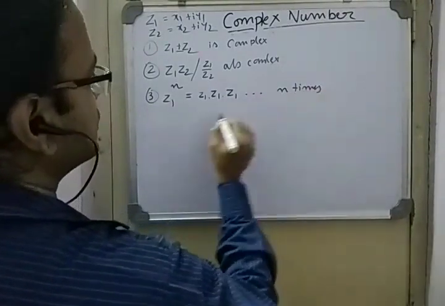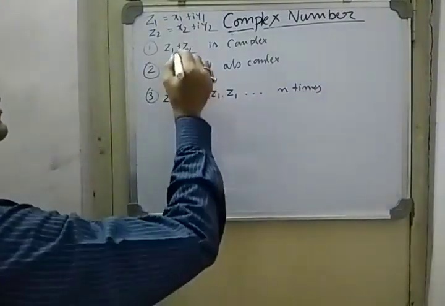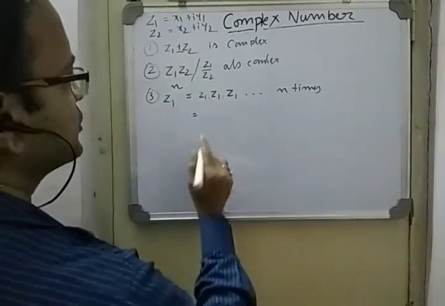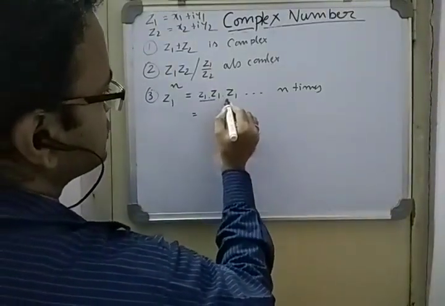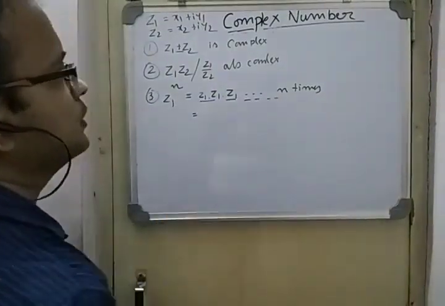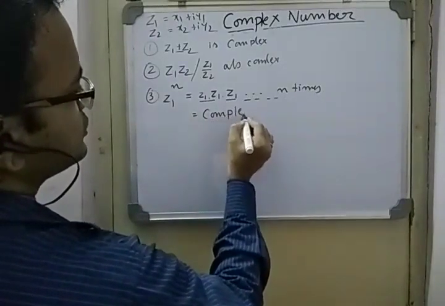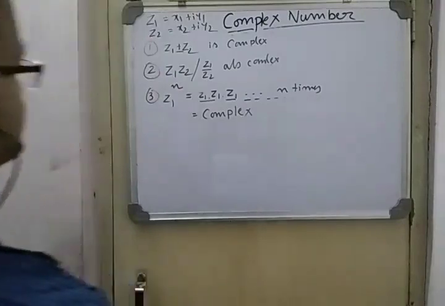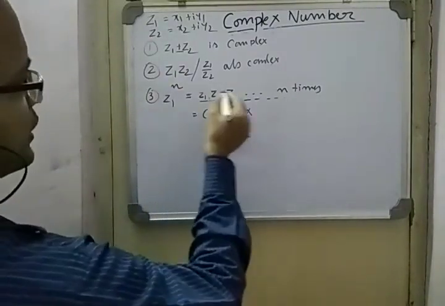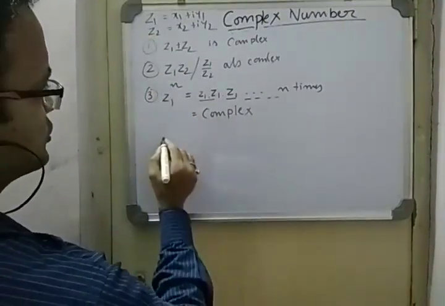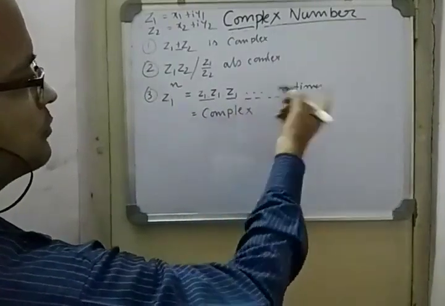So we know Z1 Z2 is a complex number, so the multiplication of all these can be said to be complex. We have taken n as a positive integer, that's why we multiplied n times.